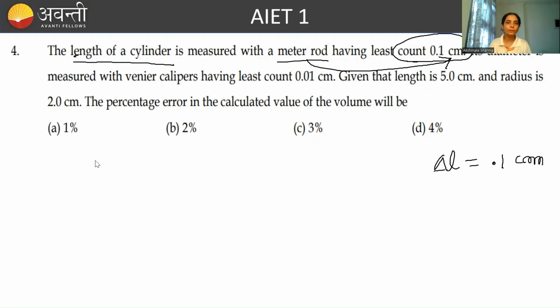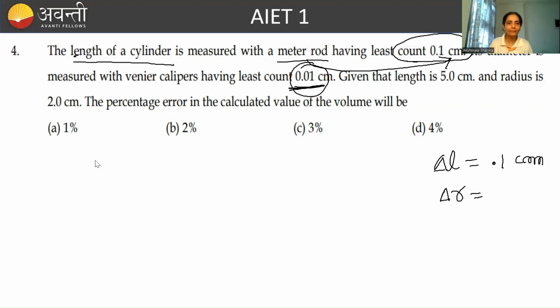Okay. Now, its diameter is measured with vernier calipers having least count of how much? 0.01 centimeter. So its radius is getting measured with vernier calipers having least count this much.